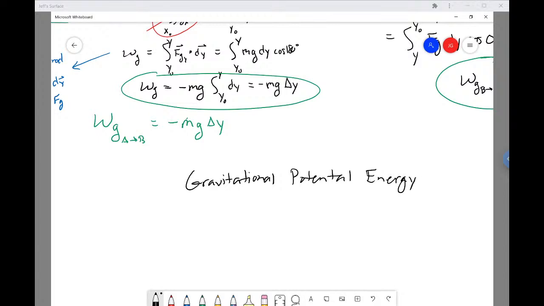We'll use the symbol U to represent potential energy. It's equal to mg times y. So what we're calculating up here are mg delta y's. Well, that's a change in potential energy.